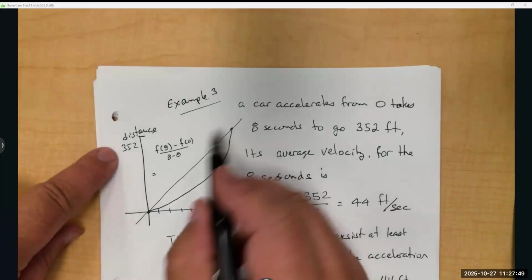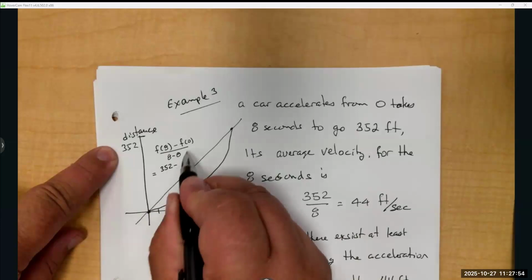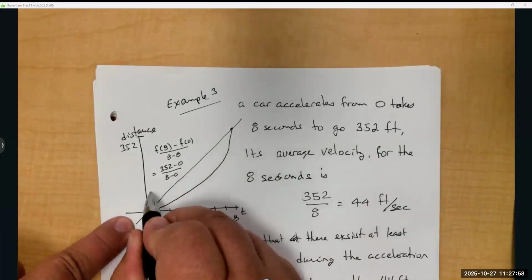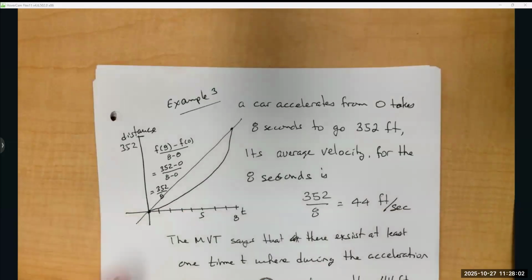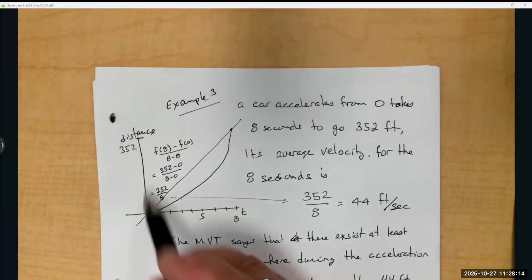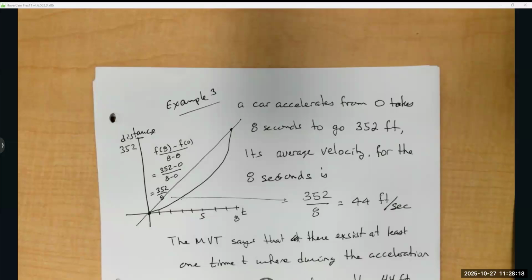So after 8 seconds, how far did you go? 352 feet. At 0, you didn't go anywhere. So this is where you get 352 over 8. That's where we got that from. That's the average velocity. Remember, what is velocity? The change of distance over change of time. So the distance traveled is 352 over 8 seconds.